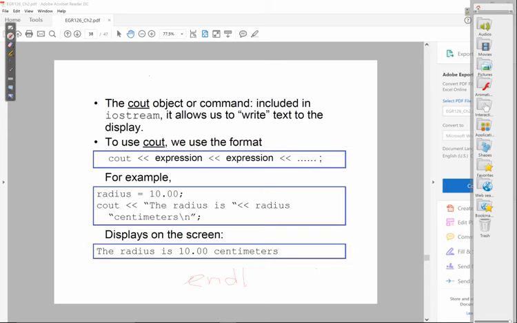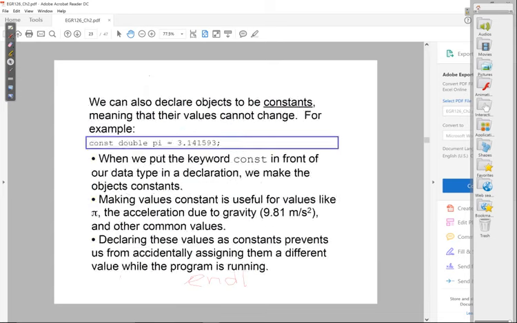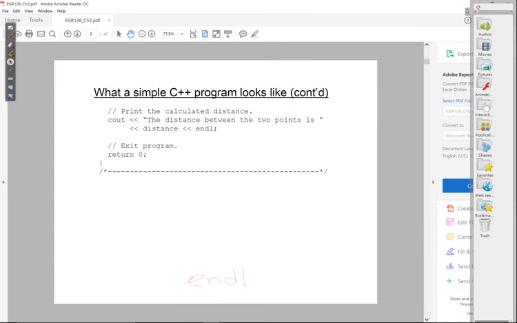So if you go back to the sample program that we had and look at the cout command, look what's going to happen here. We have cout, and then the distance between the 2 points is. Notice that that's in double quotes, so that shows up exactly as is.